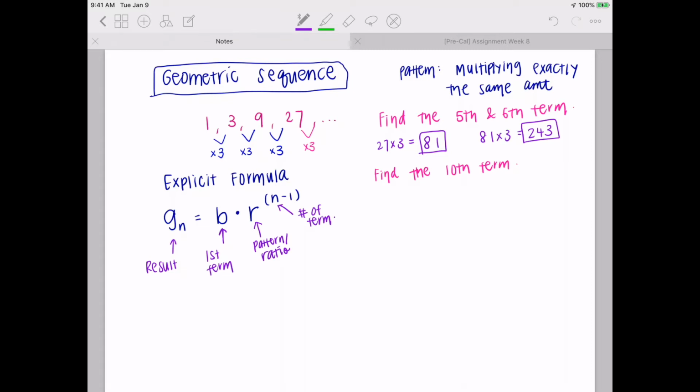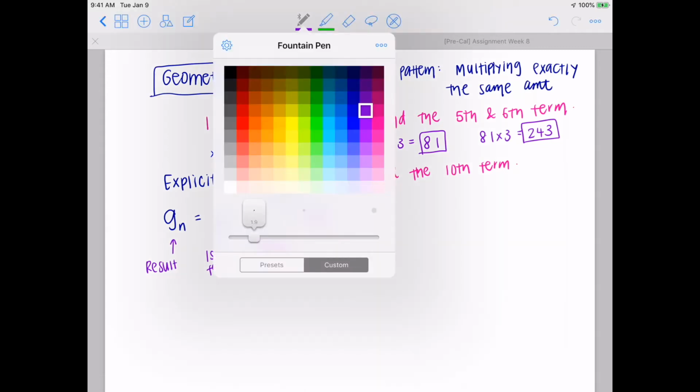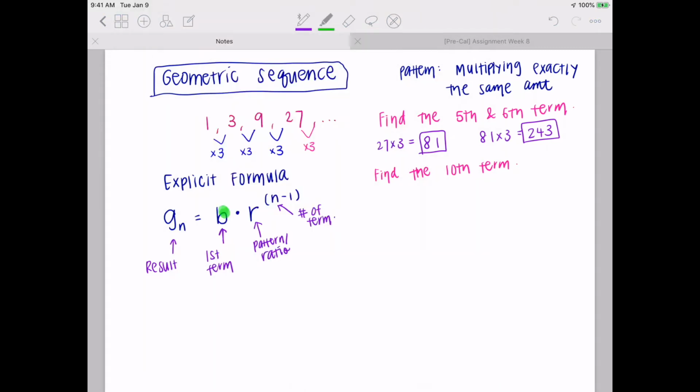So some of you guys wonder, why is it n minus 1? Because right here, we are looking at the first term already. Like we're given the first term. So do we even need the r at all? No, right? Because this first number, I don't need to multiply by 3. I can just keep it as it is.